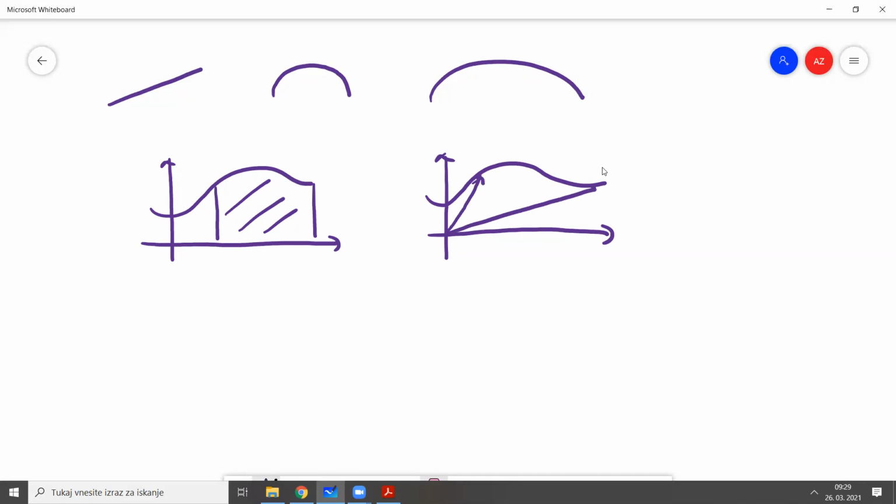So this position vector travels along the curve, and we would like to compute this area. And we will see how to do this in the third hour of today's lecture, if everything goes smoothly. So this is the plan for today, and let's start.